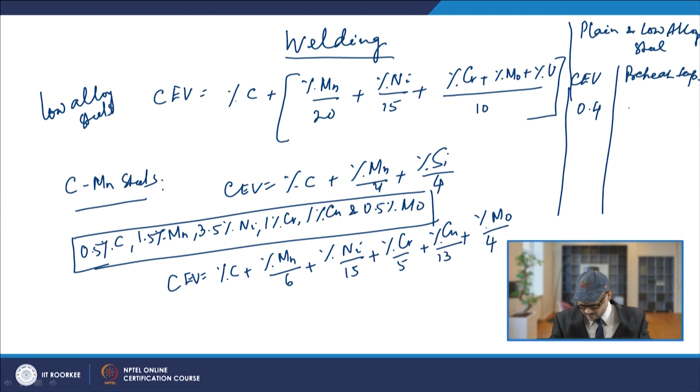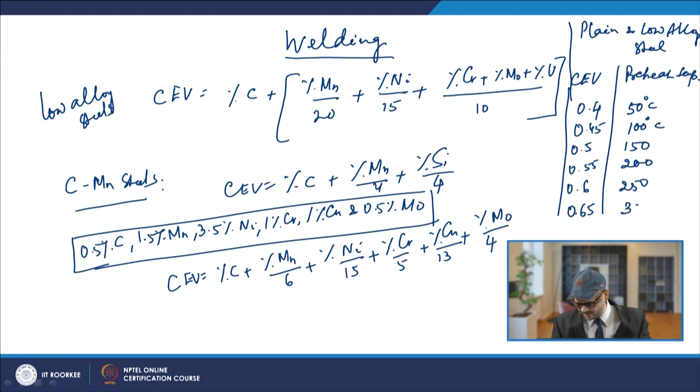So, your preheat temperature requirement is only 50 degrees centigrade, but as you increase the carbon equivalent value, the preheat requirement will be more. If you go to 0.45 it will be 100 degrees C, at 0.5 it will be 150, at 0.55 it will be 200, at 0.6 it will be 250 and at 0.65 it will be 300 degrees centigrade.